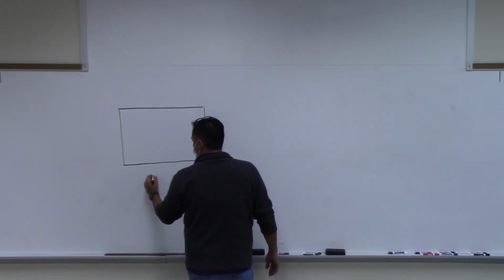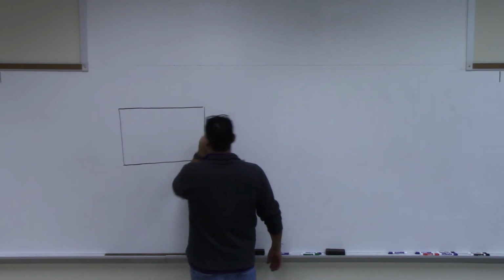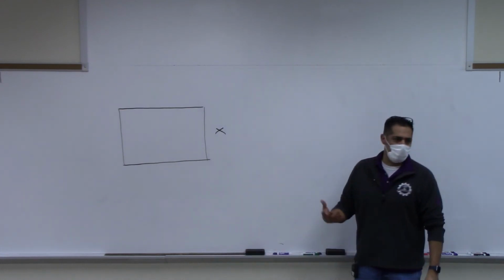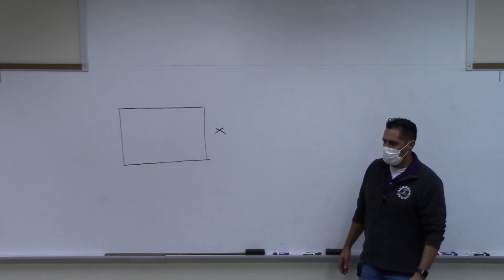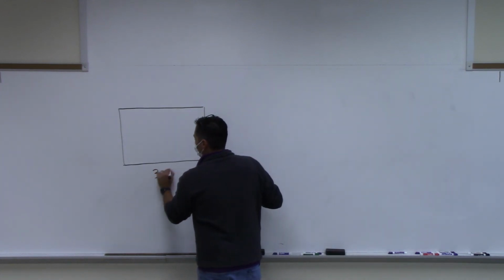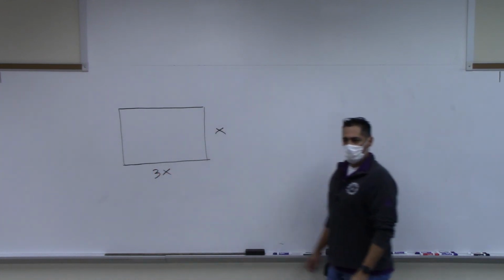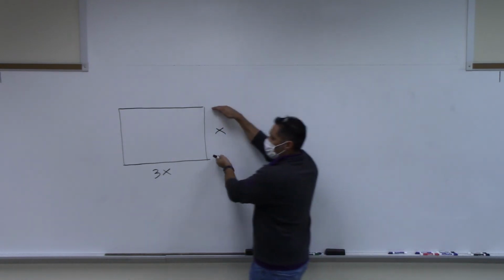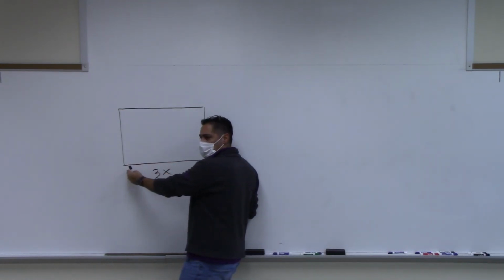This side right here, let's do this one, is going to be some value x. I'm not sure what it is exactly yet, okay? And whatever this side is, I want it to be 3 times bigger than that. 3 of those. So if this is 10 feet, I want this to be 30 feet, right?